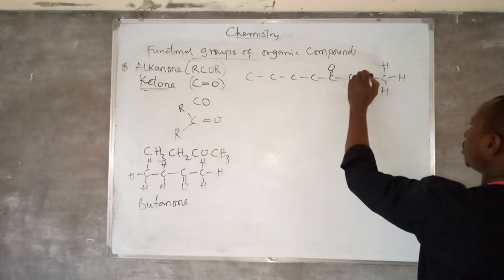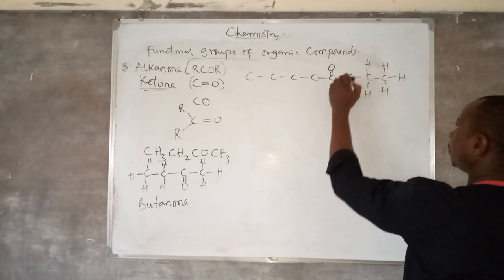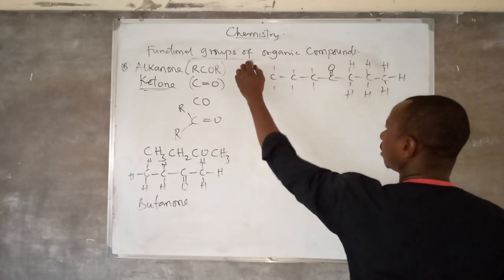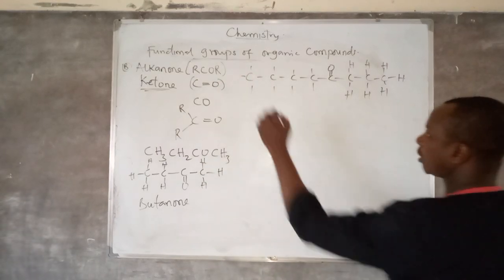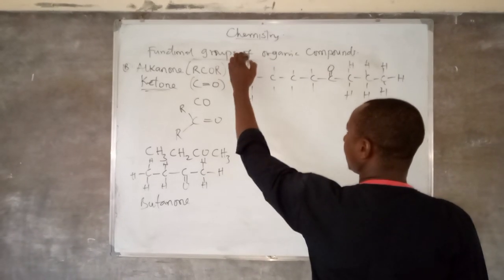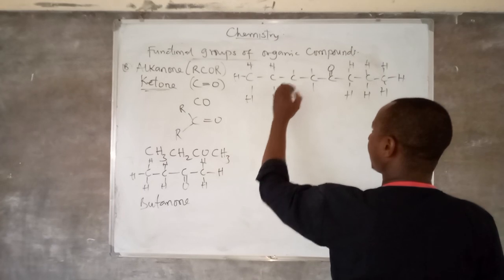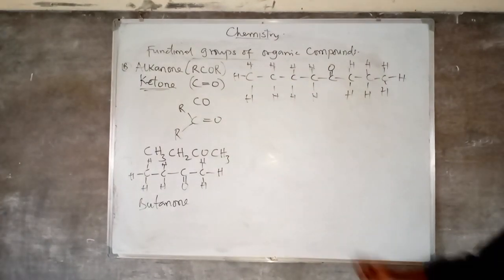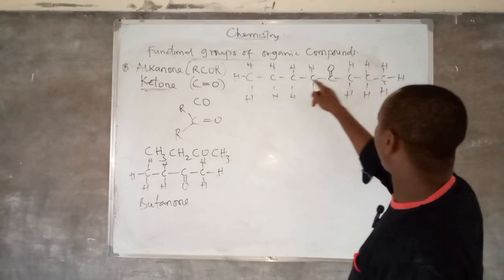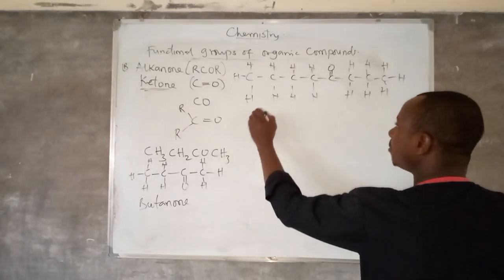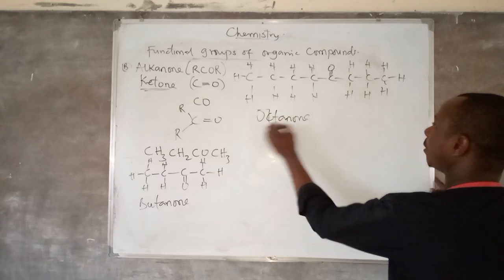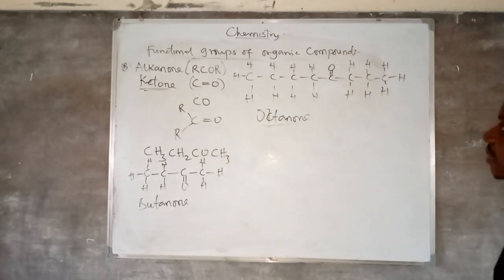Add your hydrogens here. Count how many carbon atoms there are: 1, 2, 3, 4, 5, 6, 7, 8. So the name is octanone, because it has 8 carbon atoms.